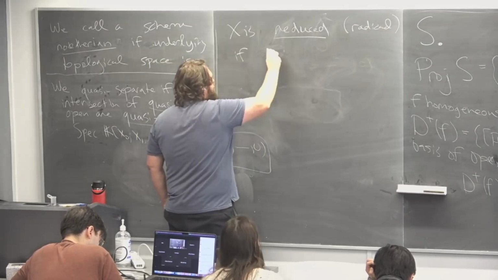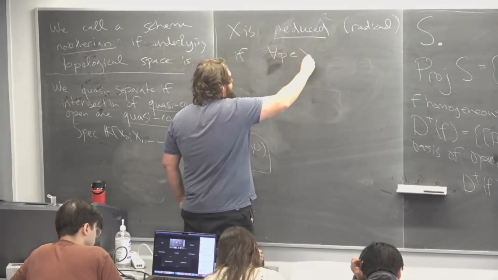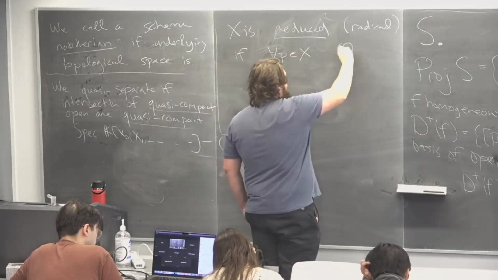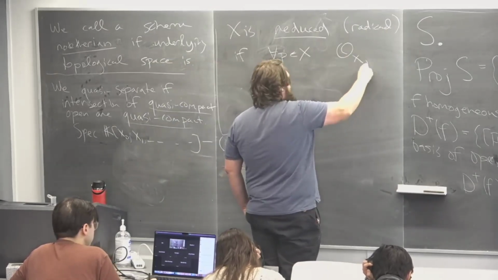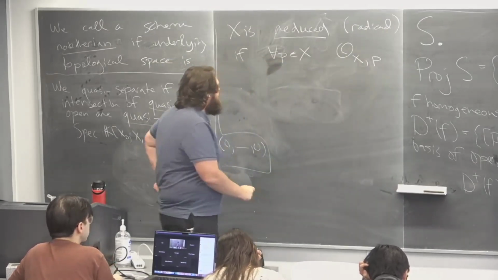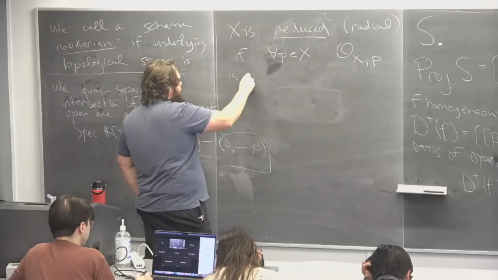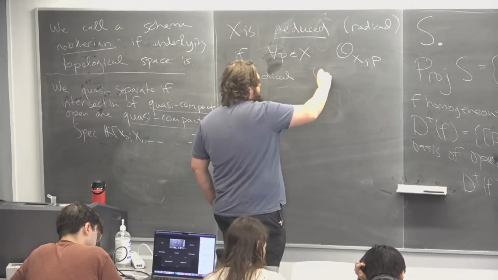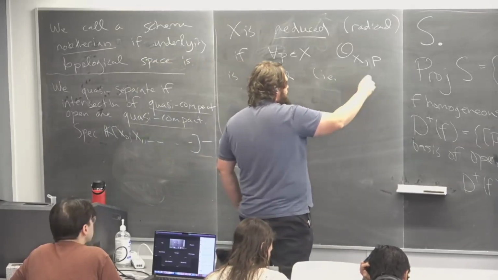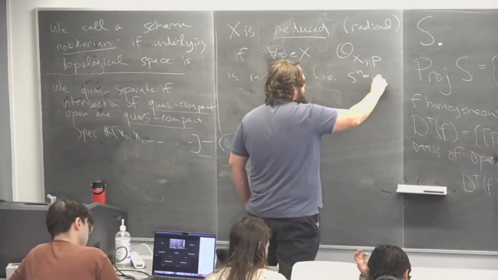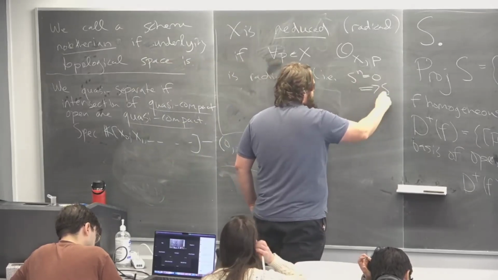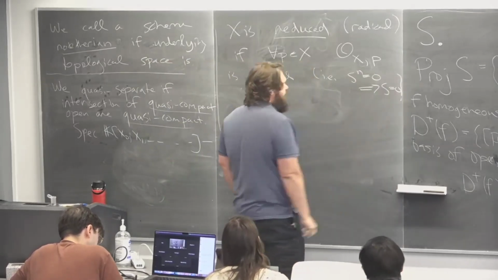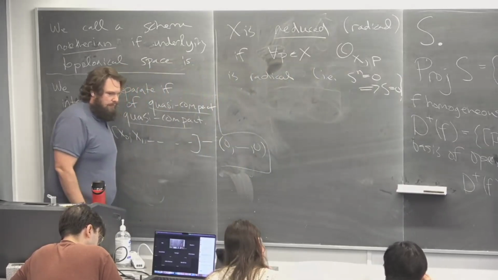If for all points in X, the local ring O_{X,p} is radical, as in has trivial nilpotent radical. That is, if I have a nilpotent element, then that element is zero.